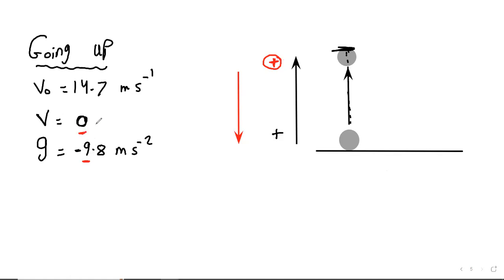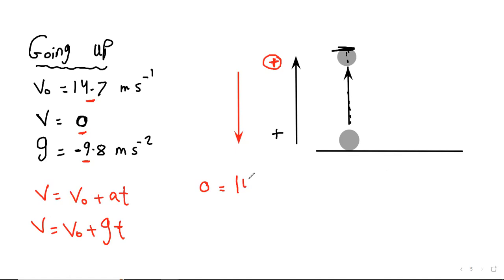The velocity of the body decreases along the time. So here we need to get the time. We can apply this rule: V equals V initial plus AT. Then replace A by G. So V equals V initial plus GT. And then substitute: V final is 0, and V initial is 14.7, plus G T, which is negative 9.8 multiplied by T. Move it to the other side.